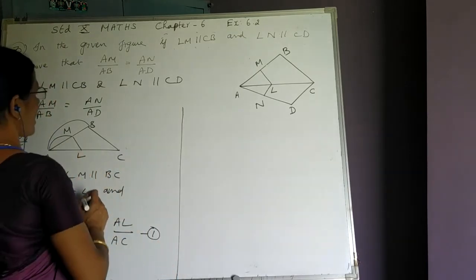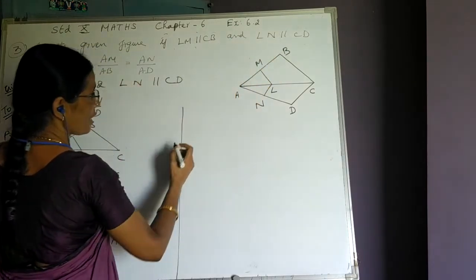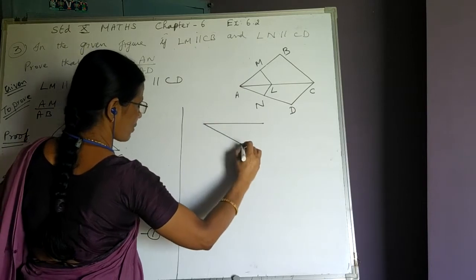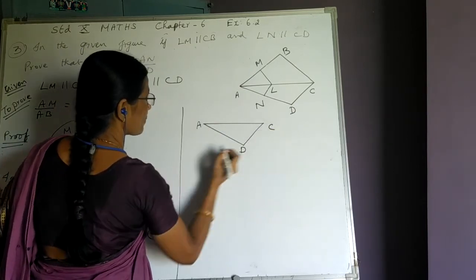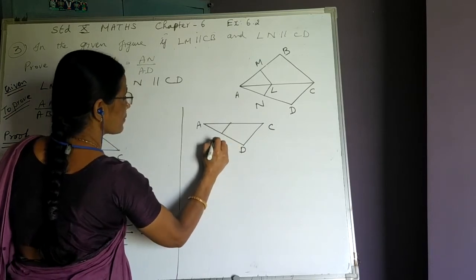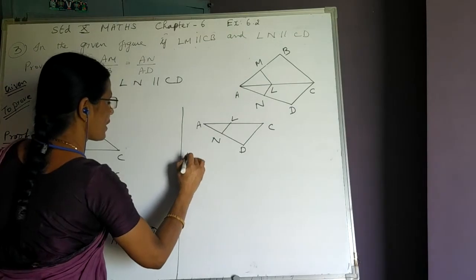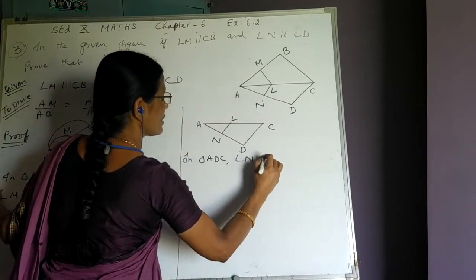In the second part, I am going to take a triangle in which LN is parallel to CD. So this is the second half of the given figure. As before, I am going to write, in triangle ADC, LN is parallel to what?